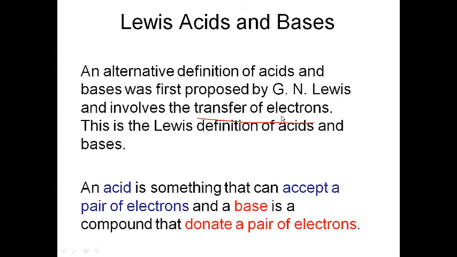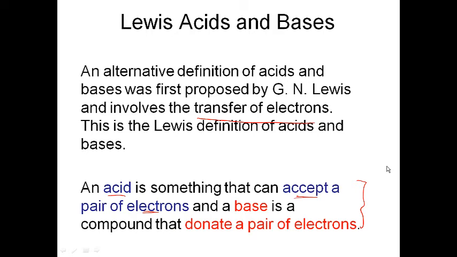And of course, the definitions of acids and bases are completely opposite of that Bronsted-Lowry acid base, where an acid is something that accepts the protons, whereas in Bronsted-Lowry, the acid donated the proton. We're changing what we're donating here to electrons, and then the base donates the pair of electrons.